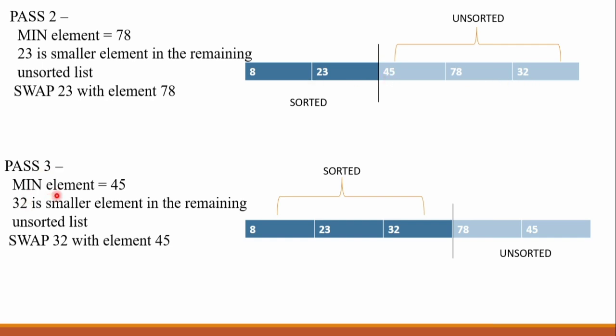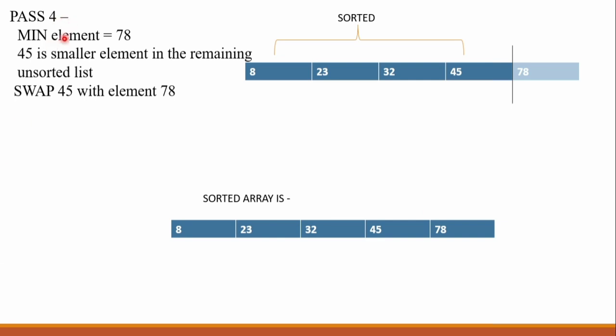So we have considered min element is equal to 45 and 32 is the smaller element in the remaining unsorted list. So what we have to do? Just swap 32 with element 45. See now, we have done this over here. 8, 23, 32 has come here and in the place of 32 we have swapped 45. Okay. Now this is the unsorted part. This is the sorted part.